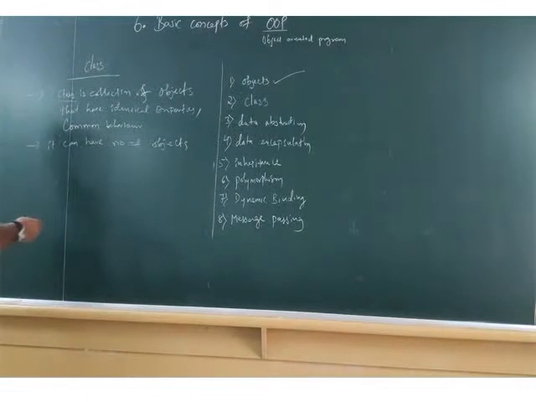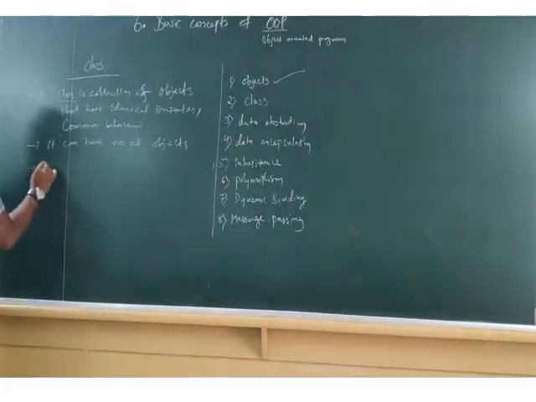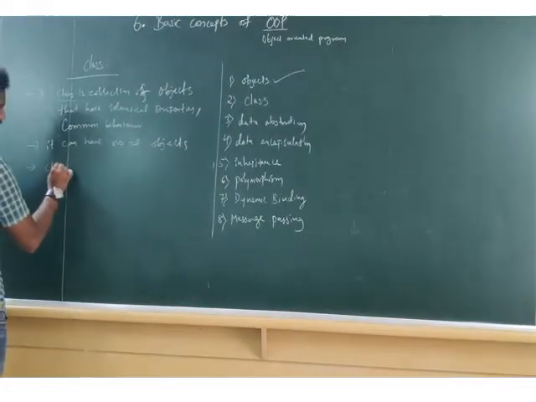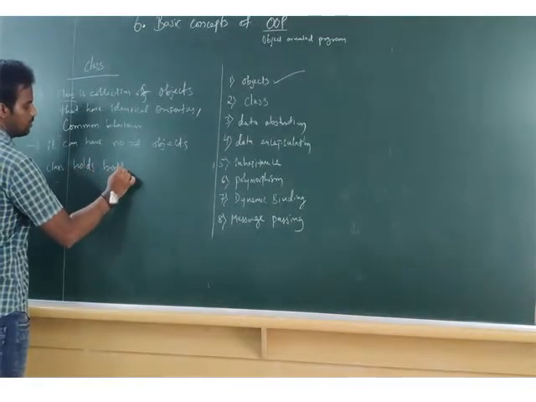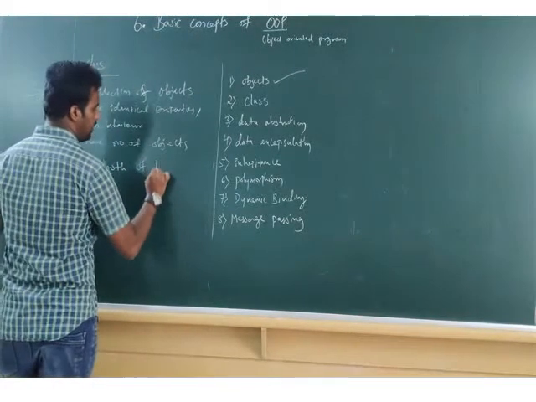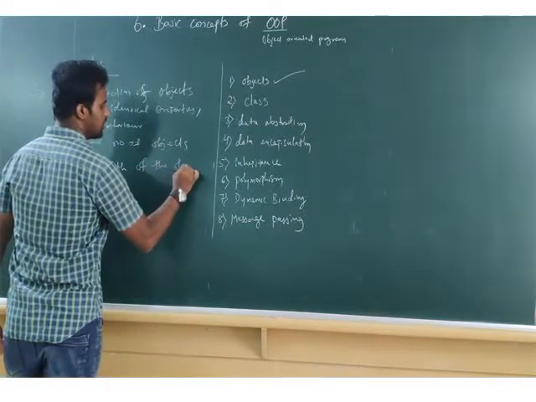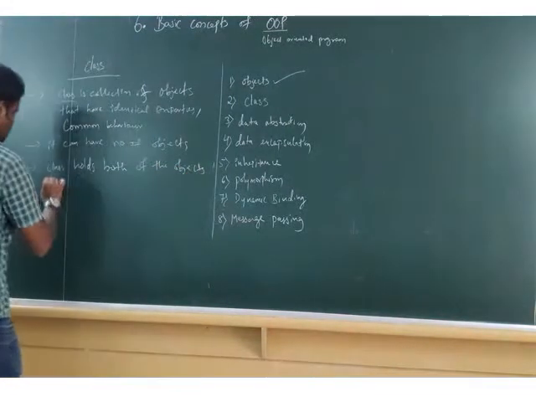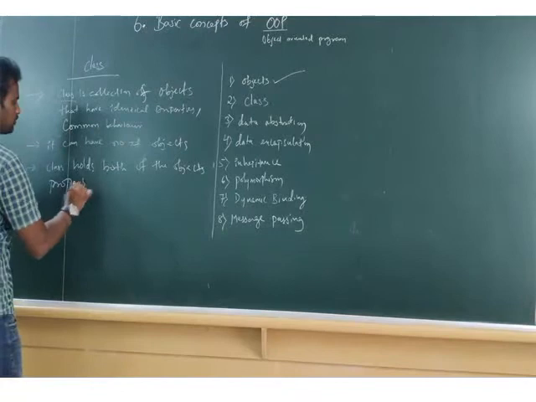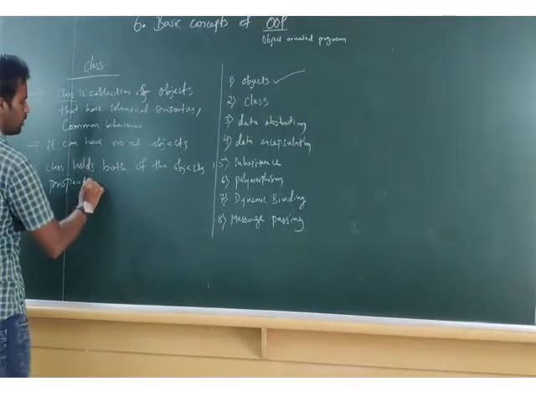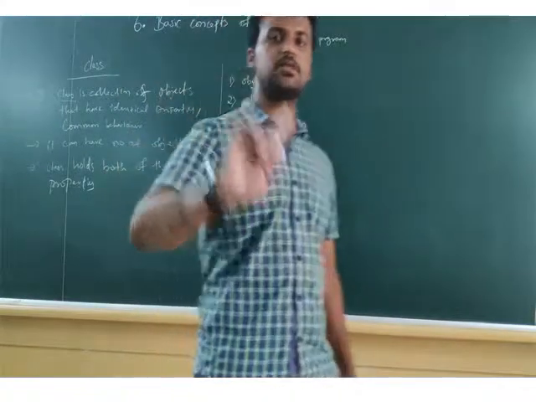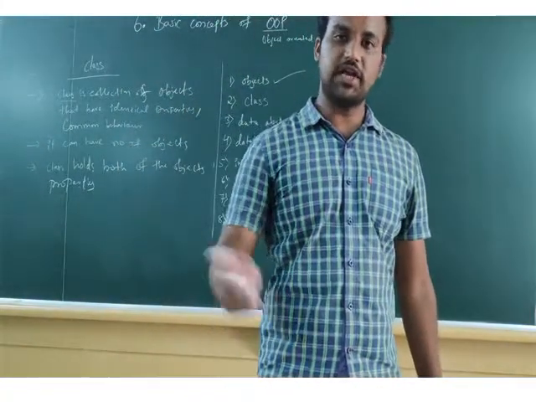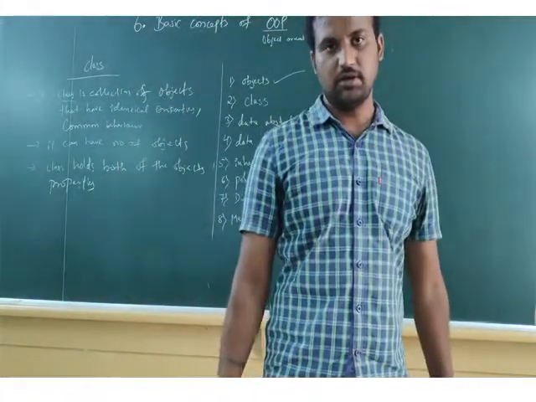Next, class holds both of the object properties. What does that mean? Object, as I already told you, has data members and member functions which can be accessed by objects.